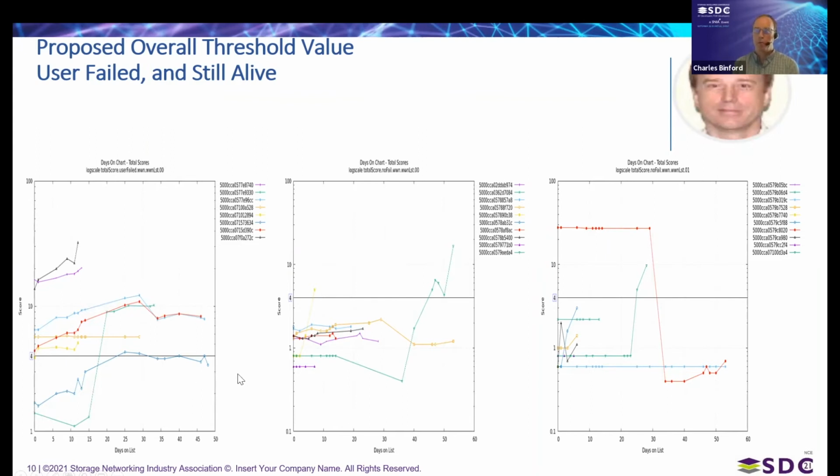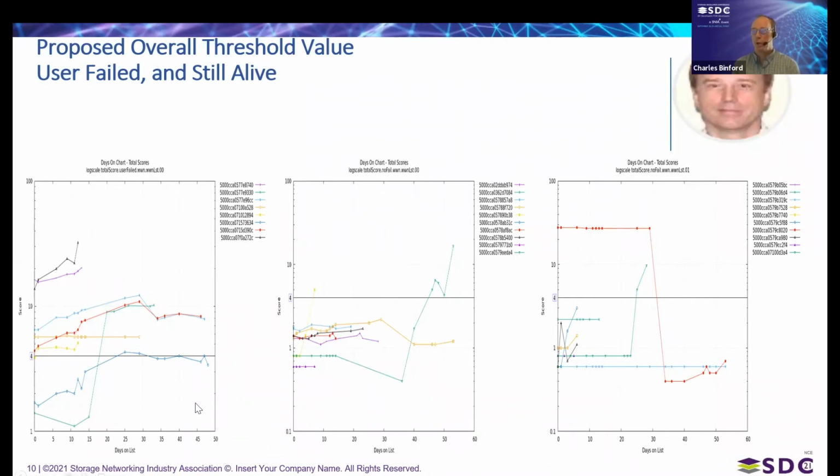As we monitored them over a 3-month period or so, what we found was that once the drive started reporting errors, it tended to continue reporting errors and get worse.